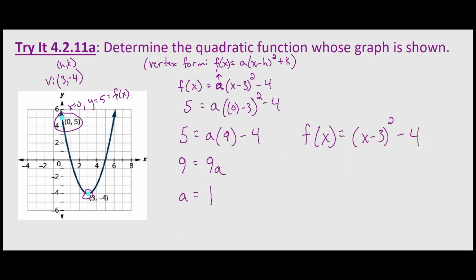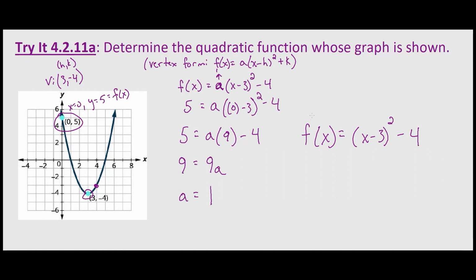Then we substitute that point for x and f of x into the equation after we've already substituted the vertex, and then we can solve for a, and then back substitute that into the equation to find the final form of the quadratic function.